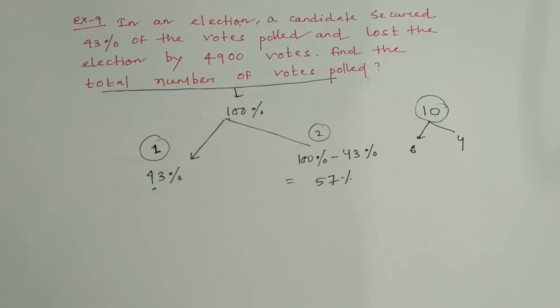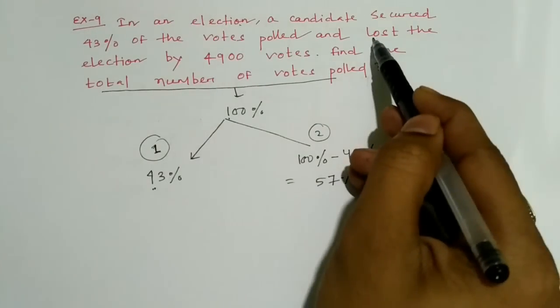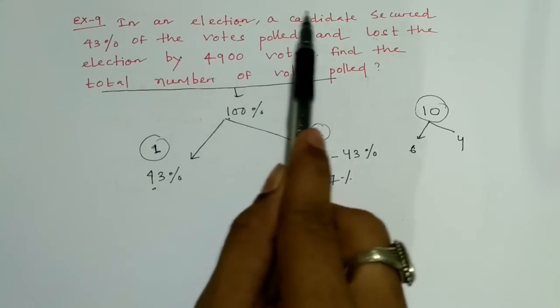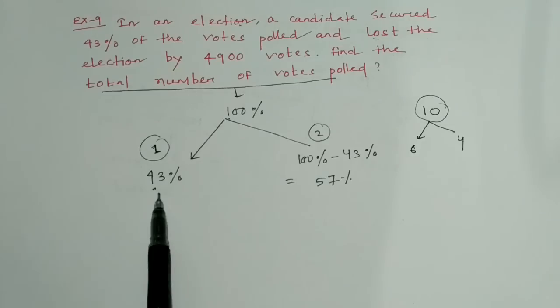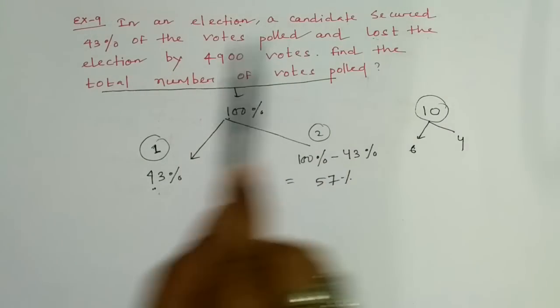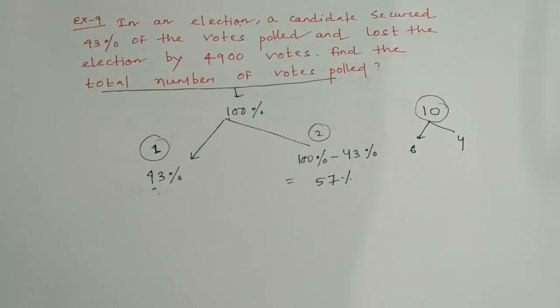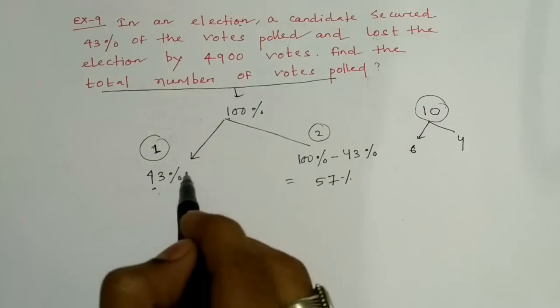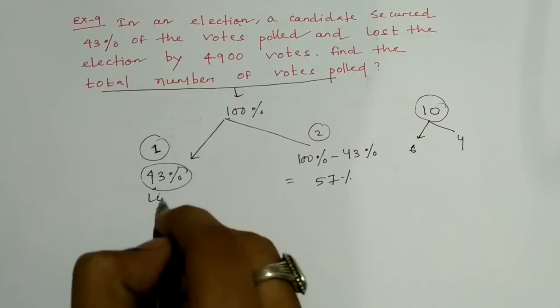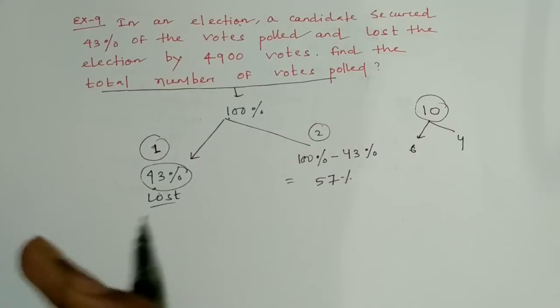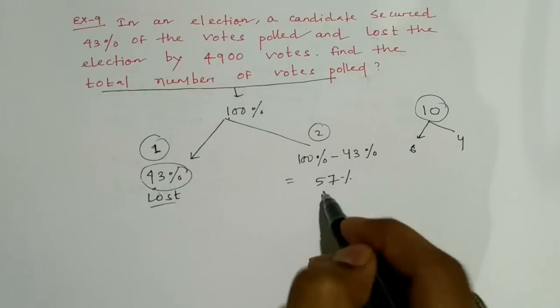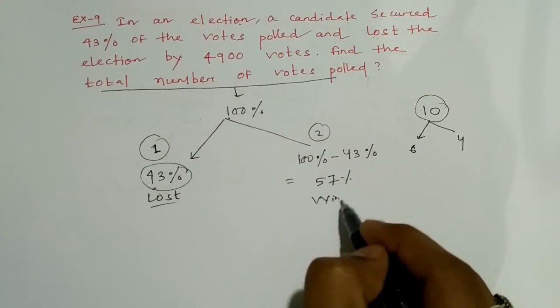But the trick in the question is that in an election, a candidate secured 43% vote and lost the election by 4900 votes. So what does it mean? He is the lost candidate because he got the least amount of votes. The other is the winner.